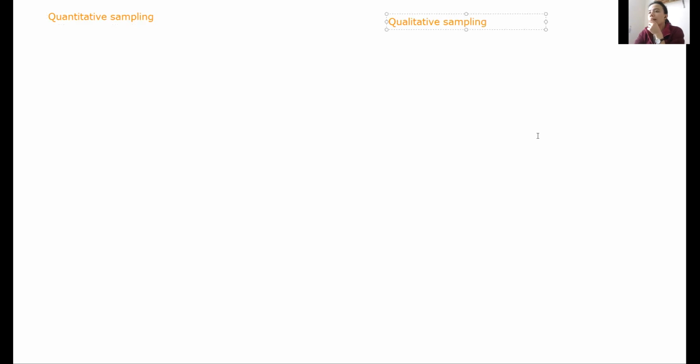All right, so for quantitative sampling, what that means is that you actually know what the probability of choosing a certain sample is going to be, and you can make sure that everybody has the same chance of being selected in your sample. So that means everyone has the same probability of being selected.